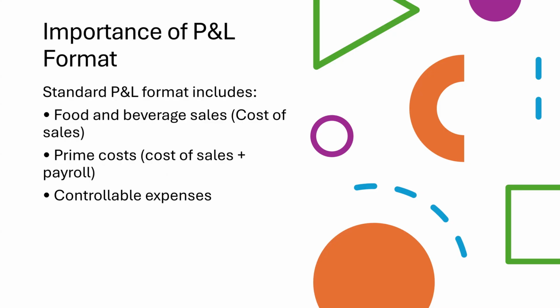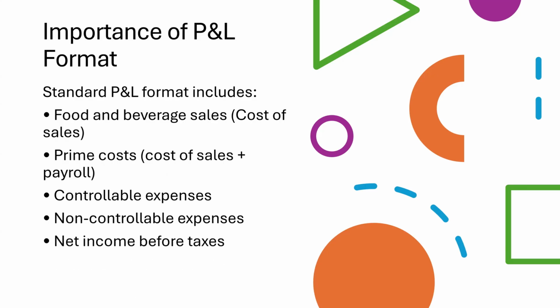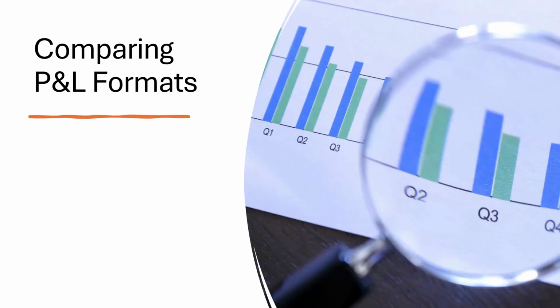Any controllable expenses that we may have out there, any non-controllable expenses that we have out there. And then the bottom line, your net income, or something else we call profit. So we have revenue or sales, we have expenses, which could be direct or indirect, and then we have our net income or profit, either before or after taxes.